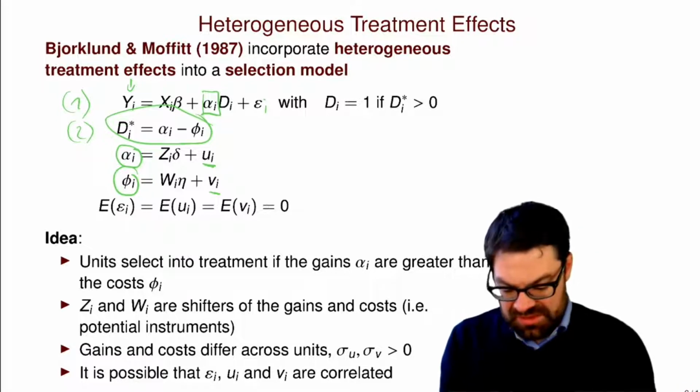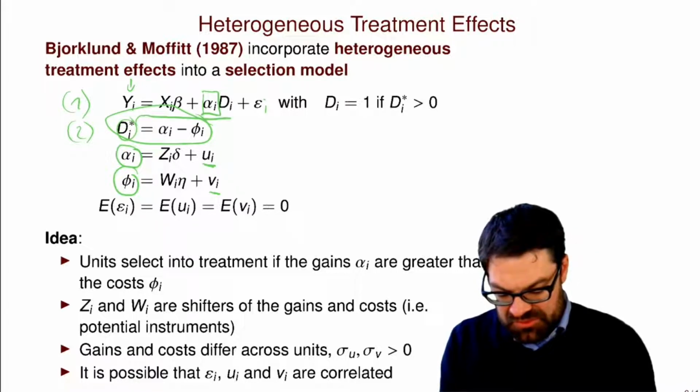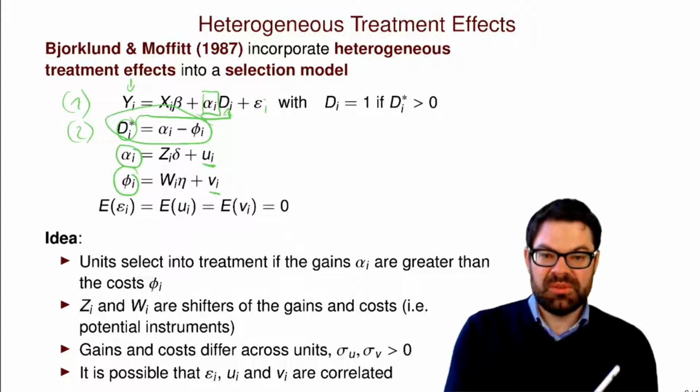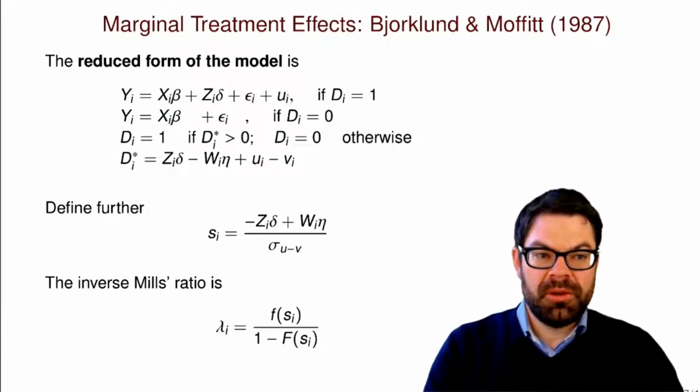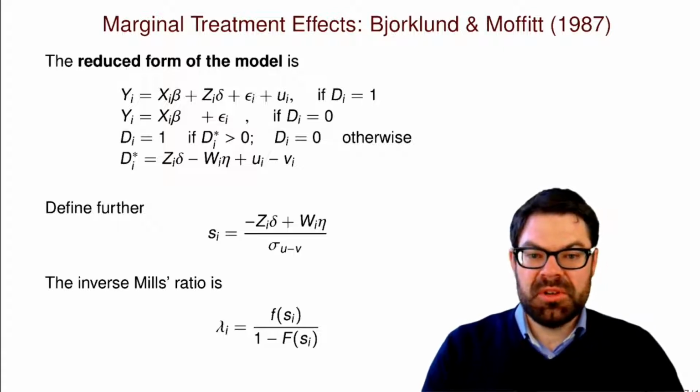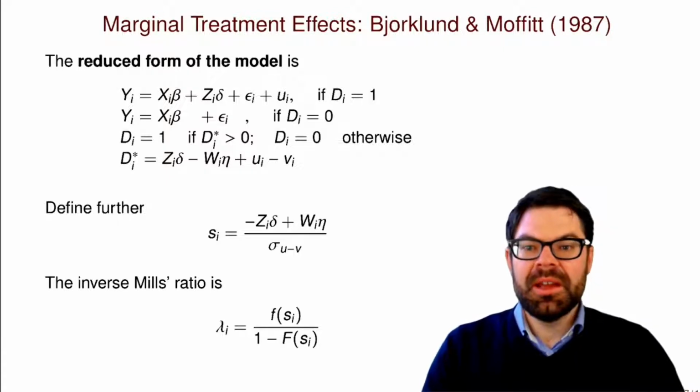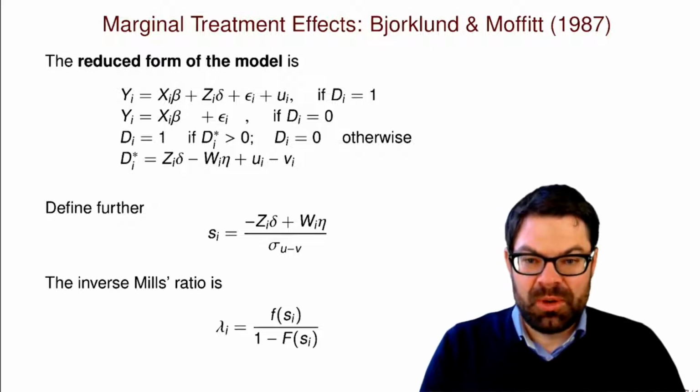So you take D and substitute it in here, but obviously you also have to then substitute in alpha and phi. To analyze the Bjerklund-Moffitt model and to understand where the heterogeneous treatment effects are coming in, it's best to look at the reduced form.